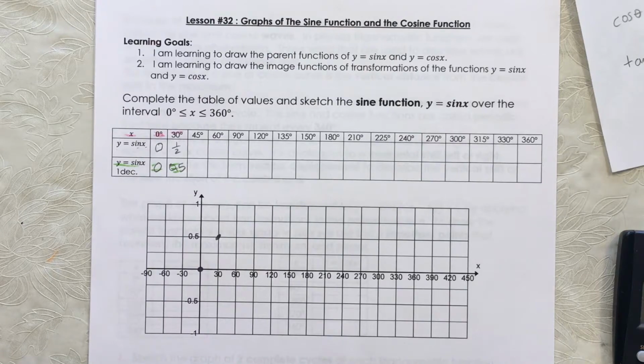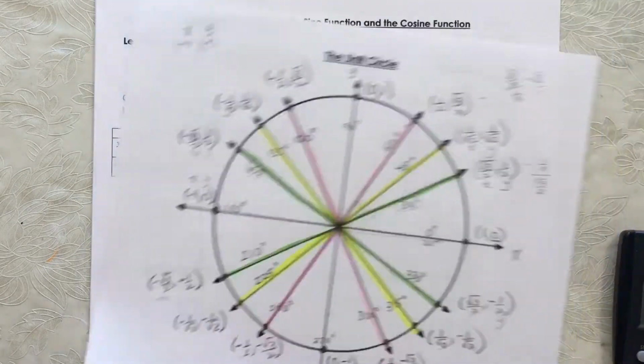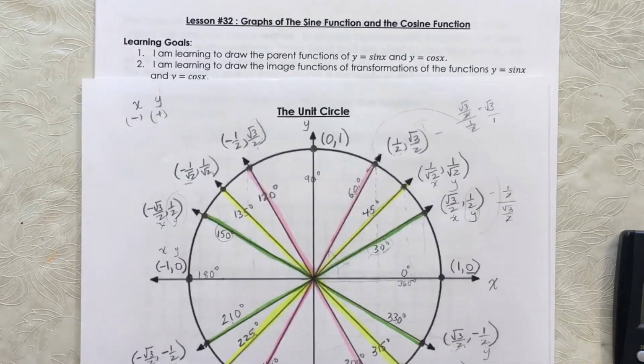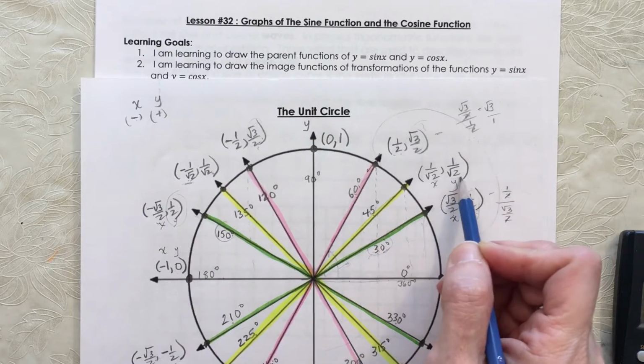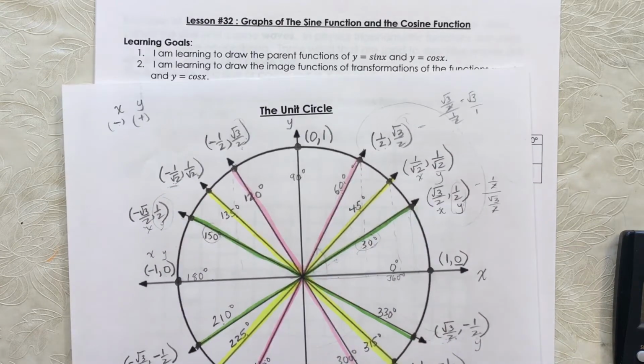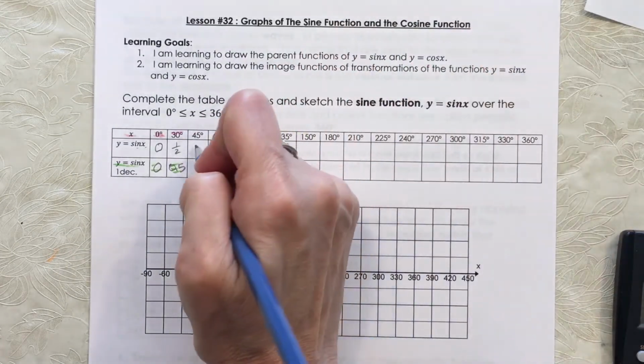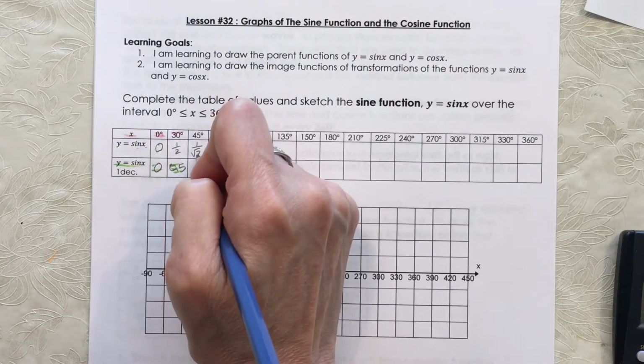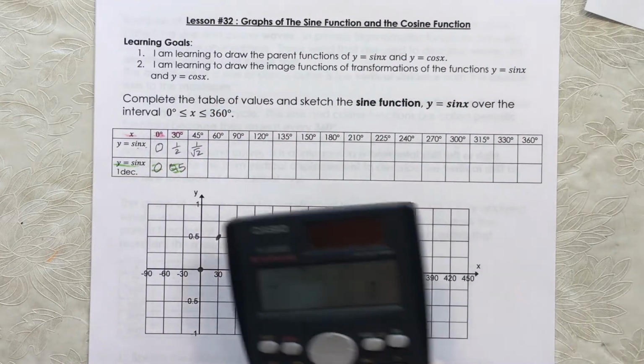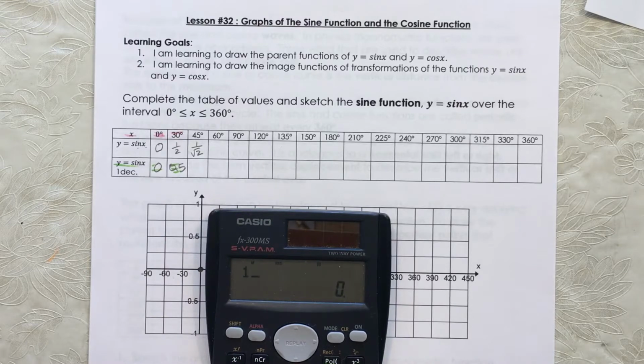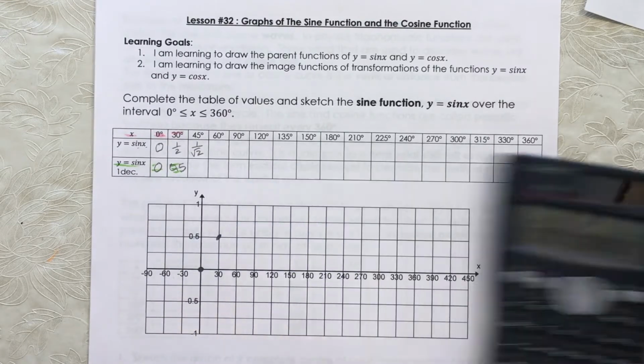Okay, and then 45 degrees, the y value is 1 over root 2. And probably you don't know what that is off the top of your head, or you might, but 1 divided by the square root of 2 is approximately 0.7.